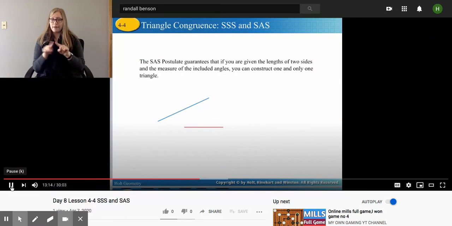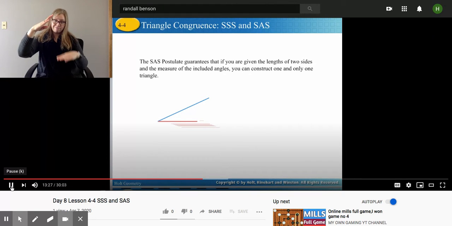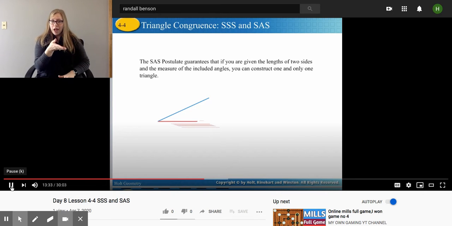So the idea with the side angle side theorem is this: if I had two lengths, two segments like this blue segment and this red segment, and I put them together to make a triangle, okay, there's of course one side of the triangle that's not drawn. It's clear that if I adjust this angle, I'm going to be changing the length of that other side.